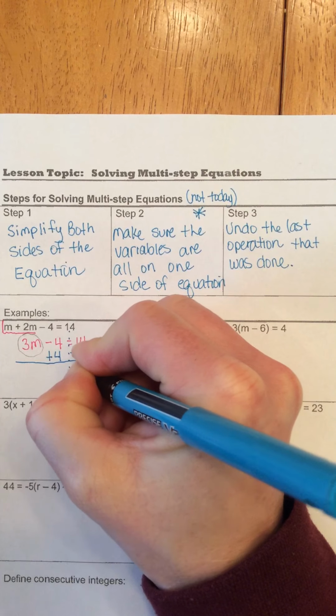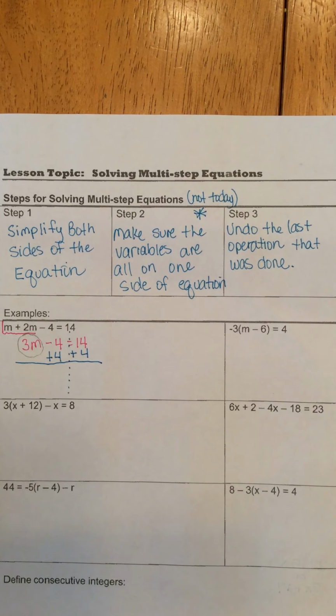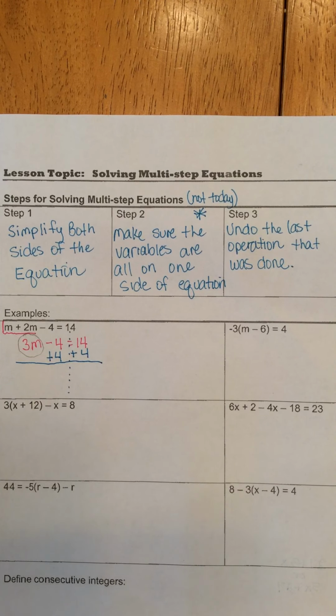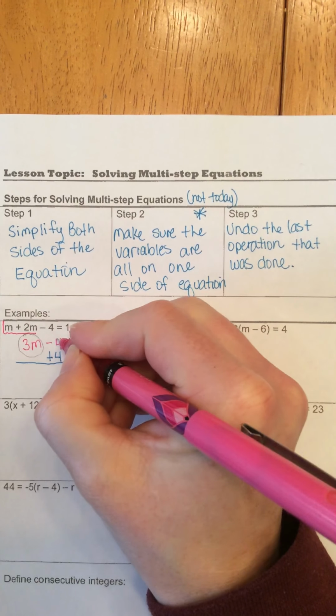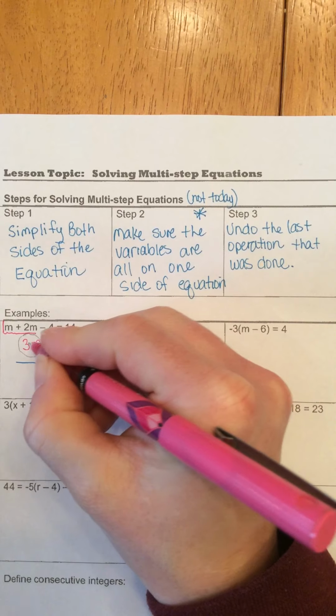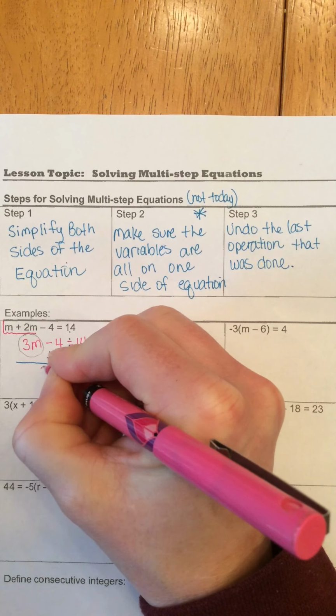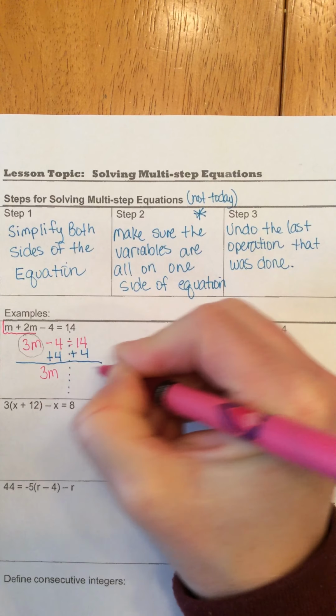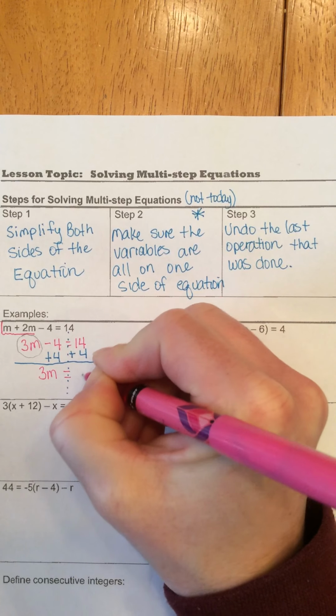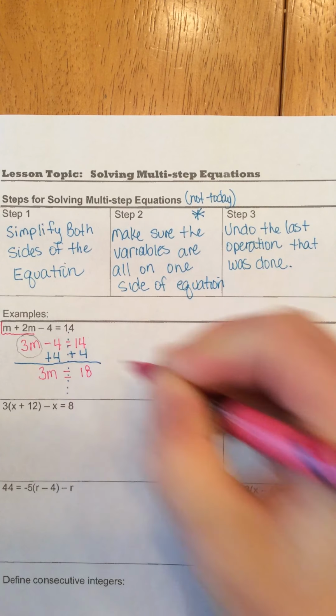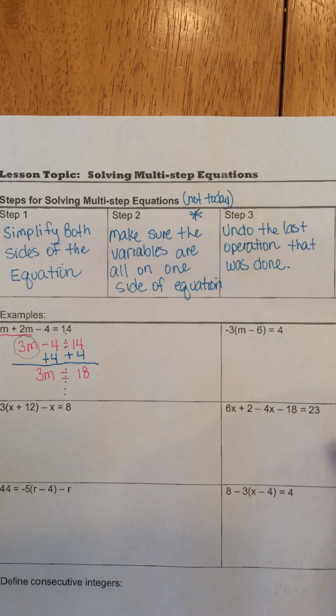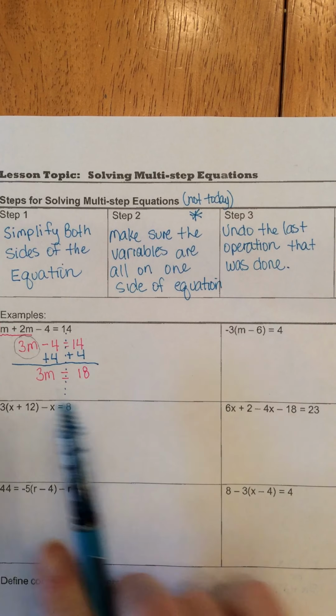Remember, we want to make sure that we have a line on that equal sign, so we're identifying what the sides of the equation are. So I've undone the minus 4 by adding 4. What I have left now is 3m equals 14 plus 4, or 18. So now our final step 3, it's a one-step equation.